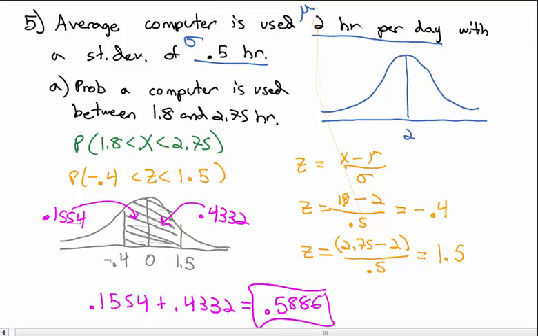So the probability that this computer is used between 1.8 and 2.75 hours is about 58-59%. We got that value by first taking our data, which is x, and changing it to z, using that x minus mu divided by sigma, and then finding the appropriate areas that correspond in our tables.